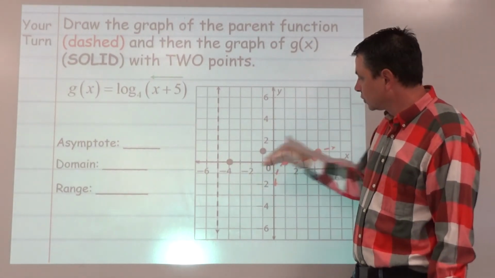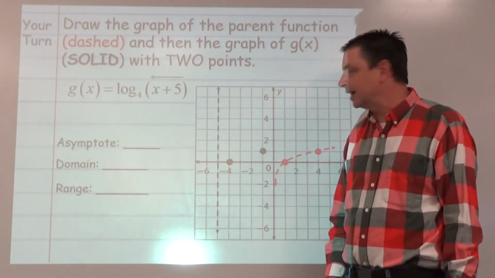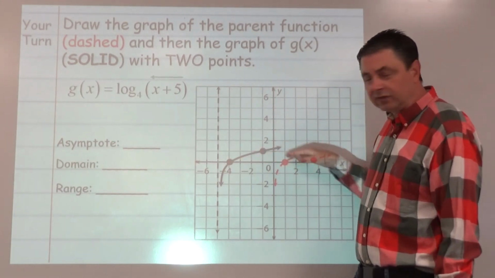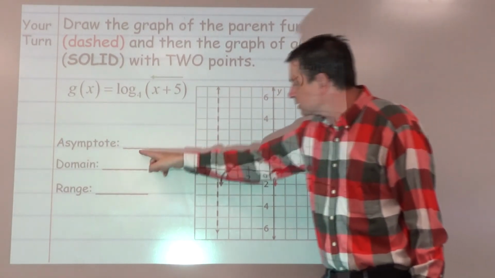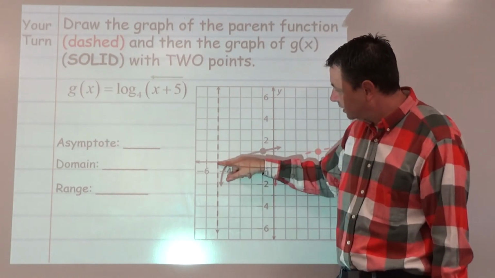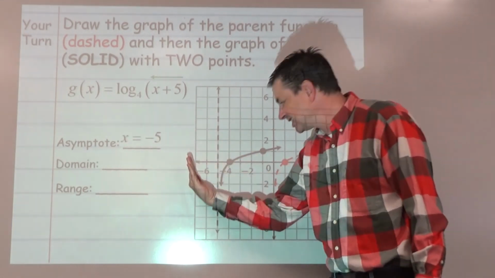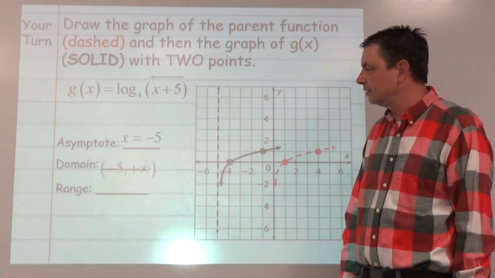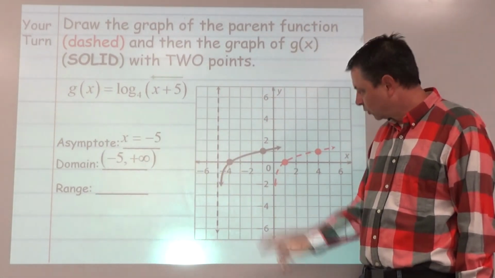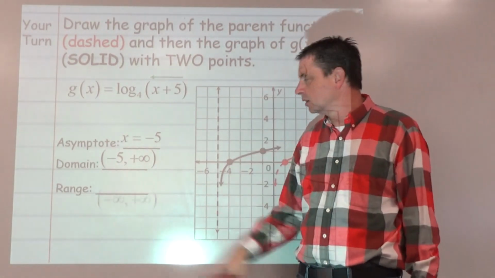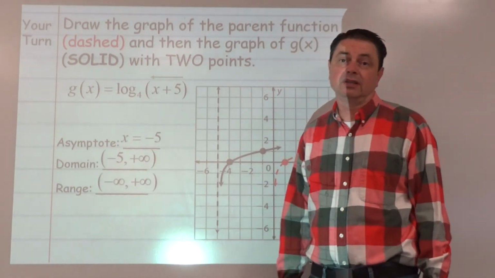So now we're redrawing, getting close to the new asymptote. Make sure it still goes up. Don't go flat. Asymptote, x equals -5. Domain, to the right of -5. Range, log functions always go down forever, up forever: negative infinity to positive infinity.